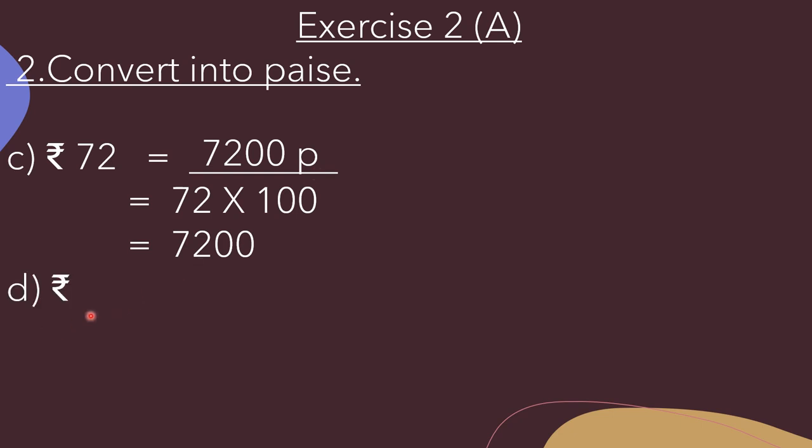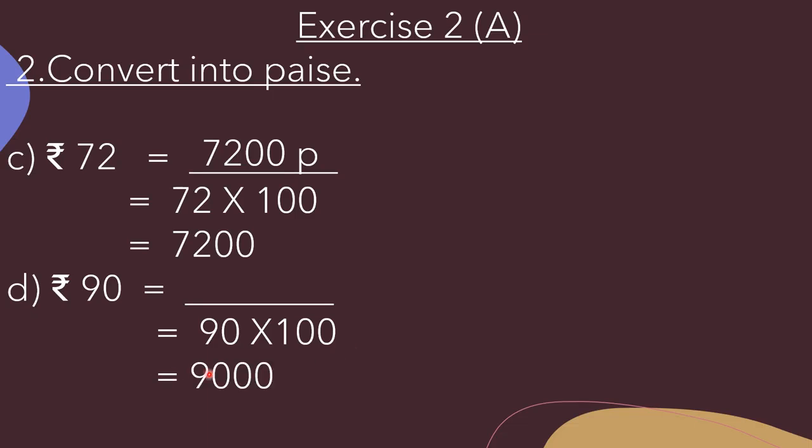Now in D part, rupees 90 is equal to dash. So again we need to multiply 90 by 100. So 90 multiplied by 100, and when we multiply 90 by 100 it will become 9000. Okay, we will put 2 zeros to the right hand side of 90 and the number will become 9000. So here we will write 9000 paise.